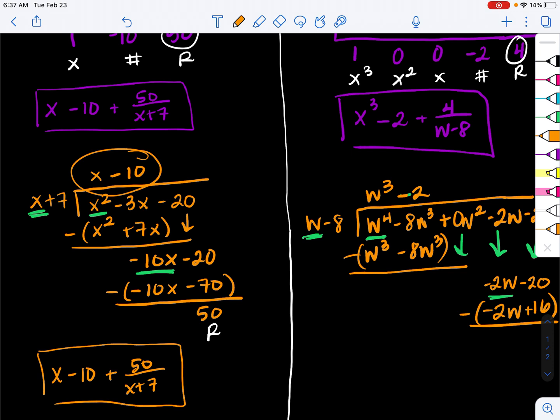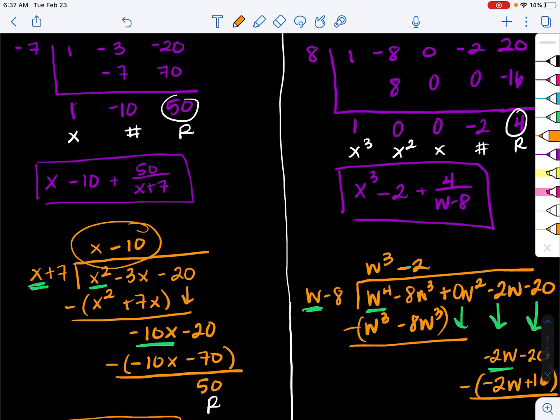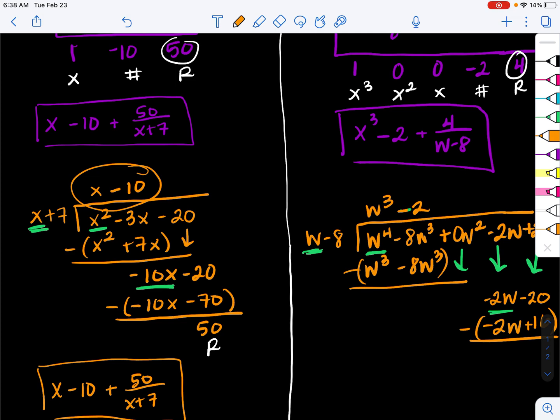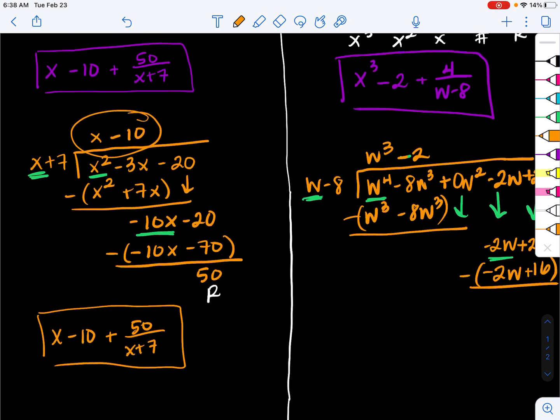Negative 20 minus... oh, and I've got a mistake. I was like, that's not right. This should be plus 20. There we go. 20 minus a positive 16 is a positive 4. So there's my remainder. And a final answer of W cubed minus 2 plus 4 over my divisor.